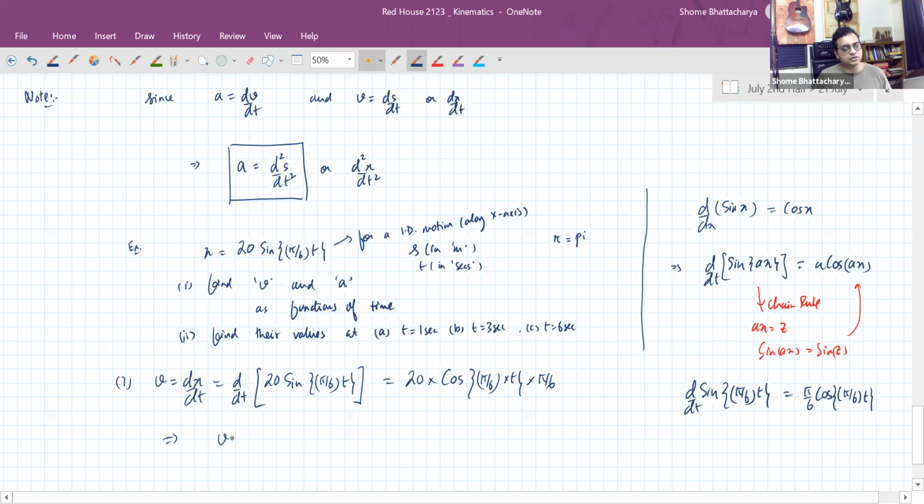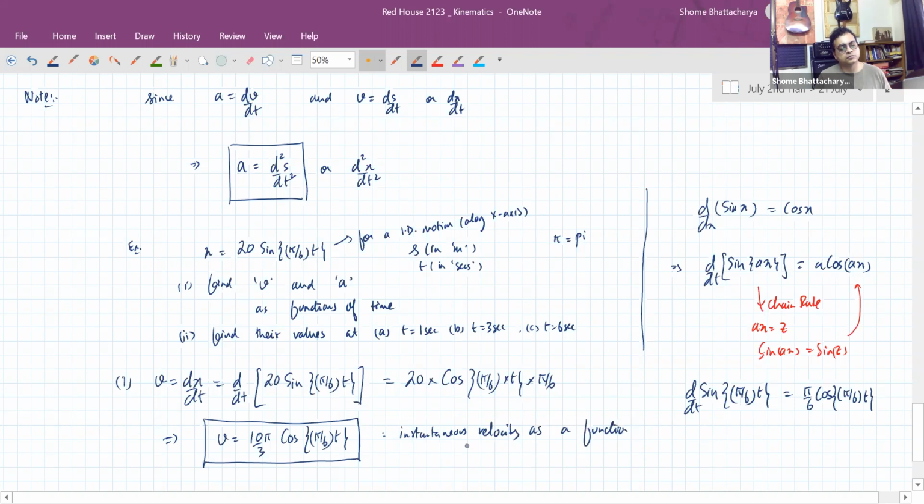So instantaneous velocity as a function of time becomes 10 pi by 3 cos of pi by 6 t. This is your velocity, the instantaneous velocity as a function of time.